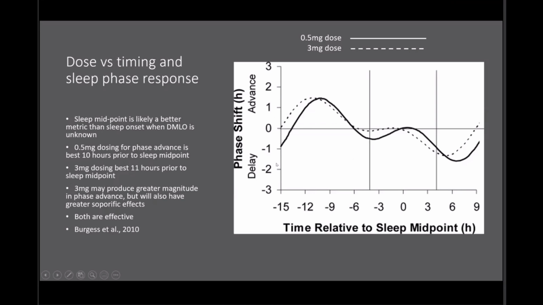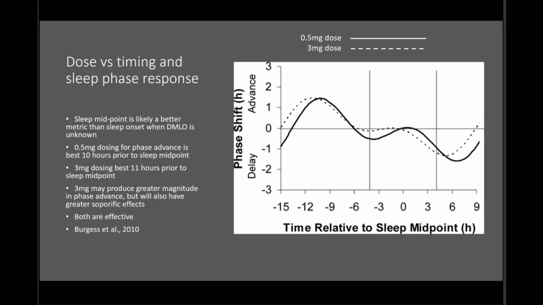The x-axis, typically when you read about melatonin, it's going to talk about dosing in relation to the dim light melatonin onset. That's not a thing that we can easily determine in general practice. So this graph is relating it to sleep midpoint, which is considered to be an acceptable substitute, since you can actually calculate that in an office visit, as opposed to the dim light melatonin onset.